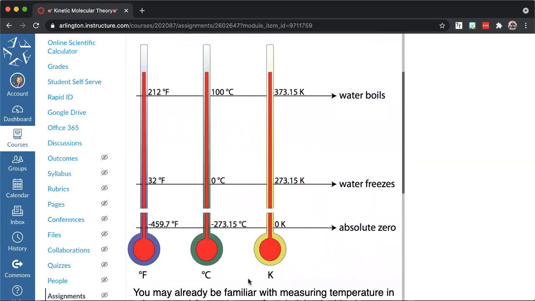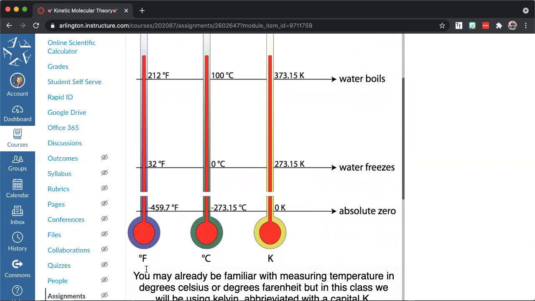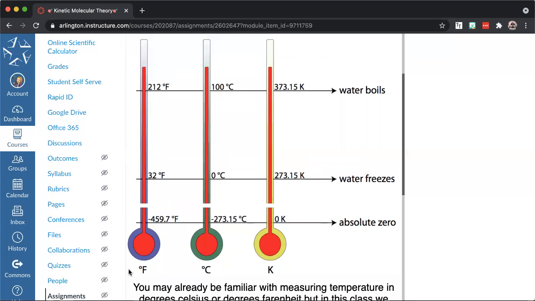If you look at these three, they're comparing the Fahrenheit scale, degrees Fahrenheit, and degrees Celsius, which is typically what science thermometers will measure in. Your thermometer at home that you use if you're sick probably measures in Fahrenheit, because in the United States, that is the common temperature scale. That's what we hear on our weather reports.